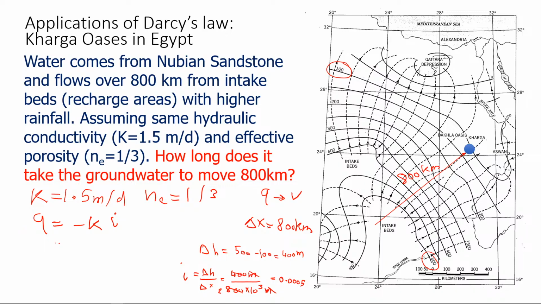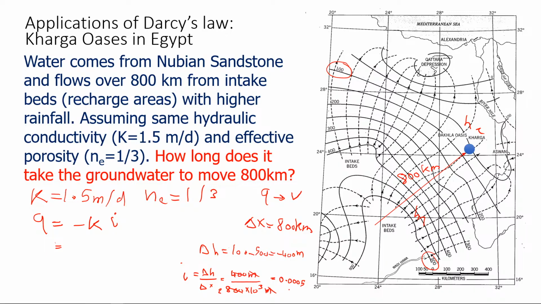Oh, remember that this should be negative, because this is your H2 and this is your H1. H2 is 100 minus H1 which is 500, so you get minus 400.